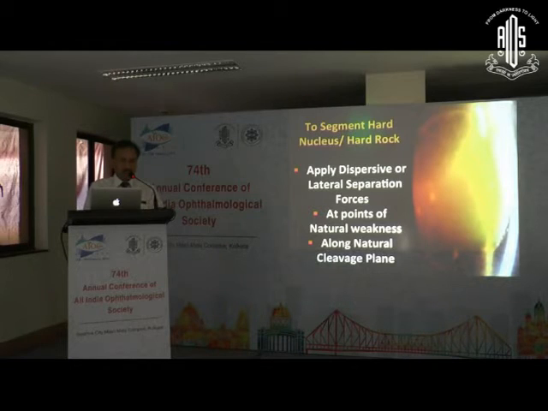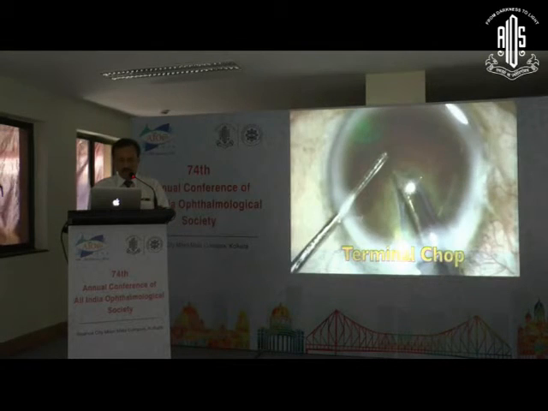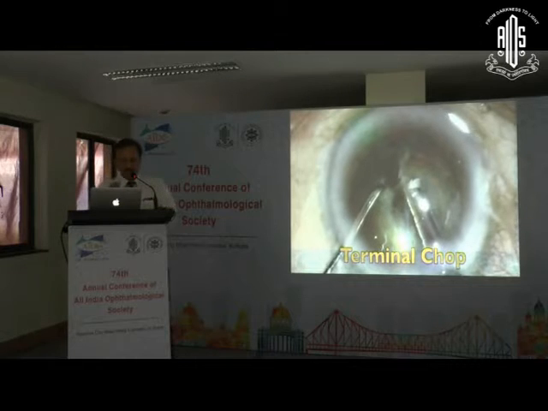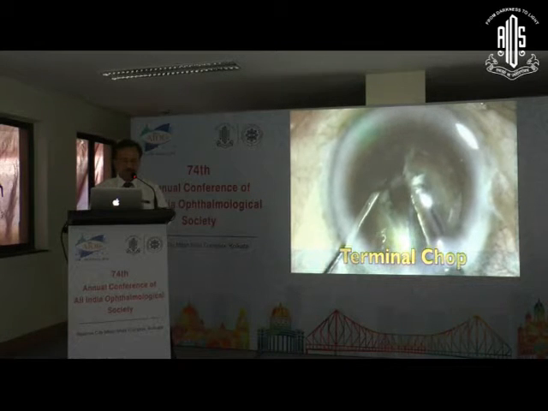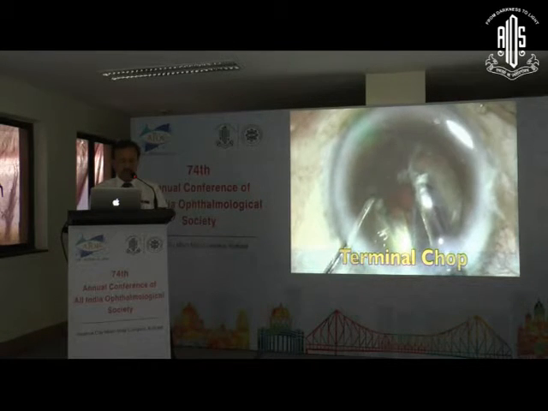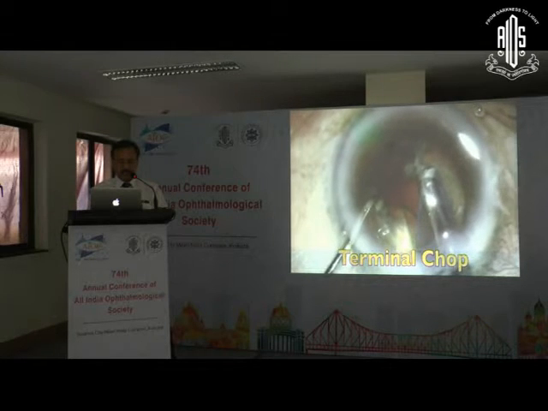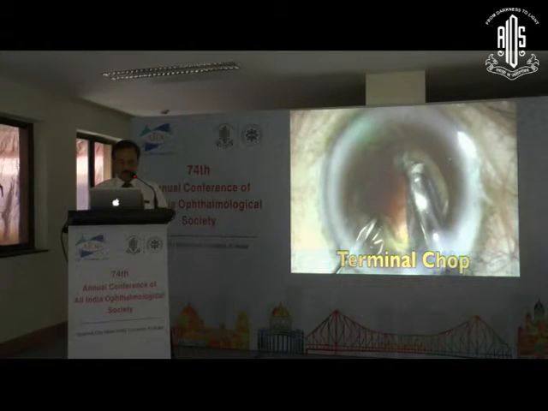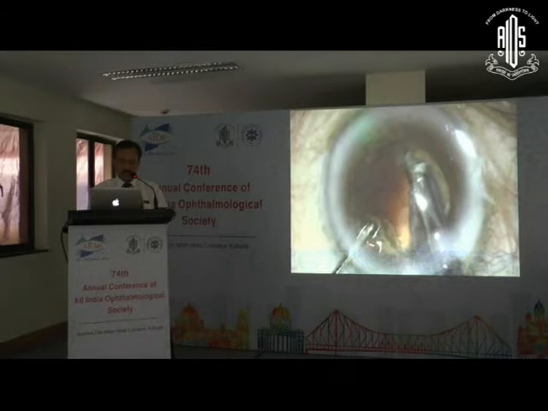These nuclear fibers have a cleavage plane, and you can very simply split between the nuclear fibers. So terminal chop works on the same principle, and this is basically about utilization of unique mechanical forces to pull apart and split the hard nucleus from its weakest, soft and thin equator through the natural cleavage plane along the anatomical arrangement of the lens fibers to achieve full thickness nuclear segmentation.